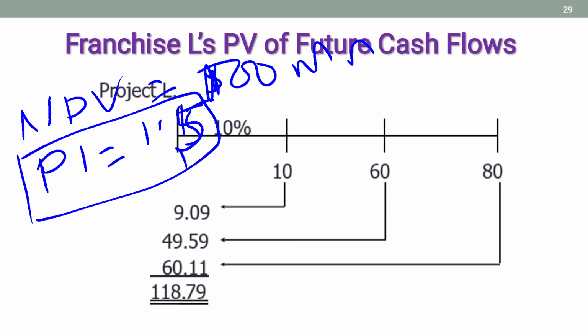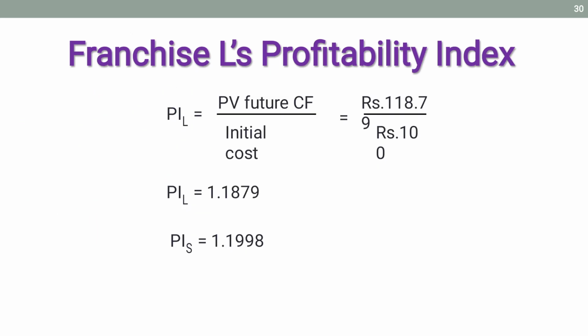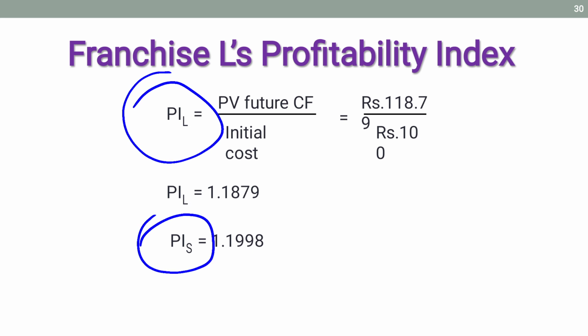Okay, right? So this is in my example of profitability index of L project, S project, right? If you are doing the calculation with the information that has been given at the beginning, the calculation of NPV, right? You are ending up with 1.1879.